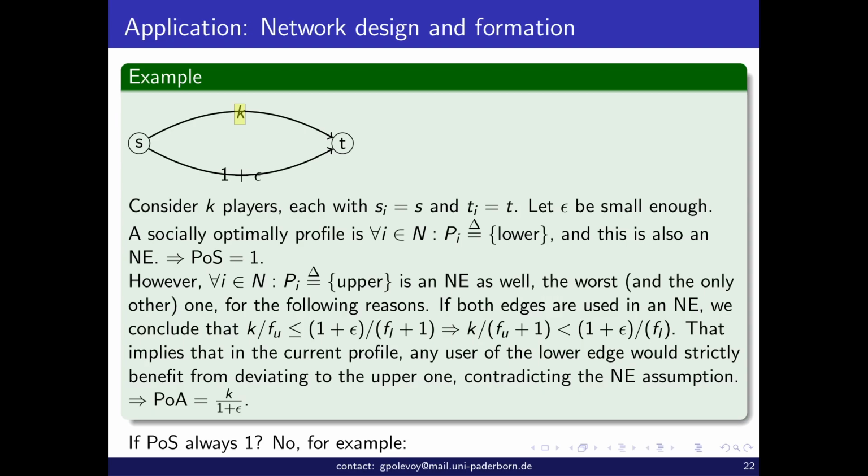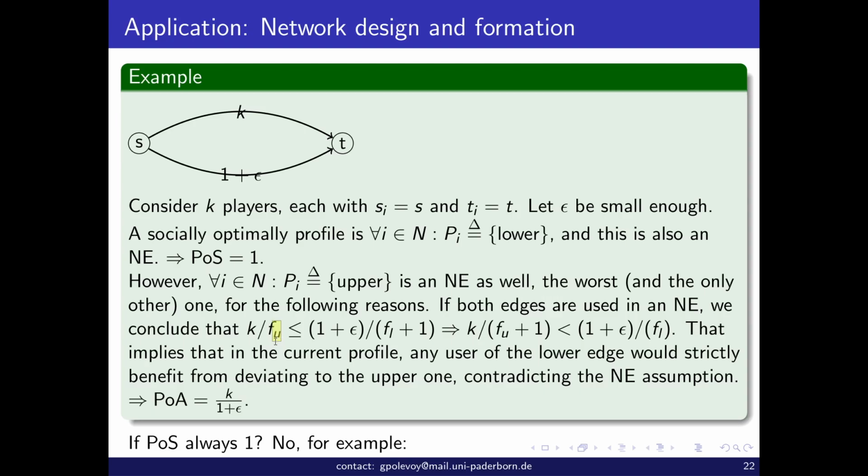But that's not an equilibrium, because if both edges are used in a Nash equilibrium, then those who use the upper edge pay K divided by the number of those who use the upper edge, which I denote by f with the subscript u.